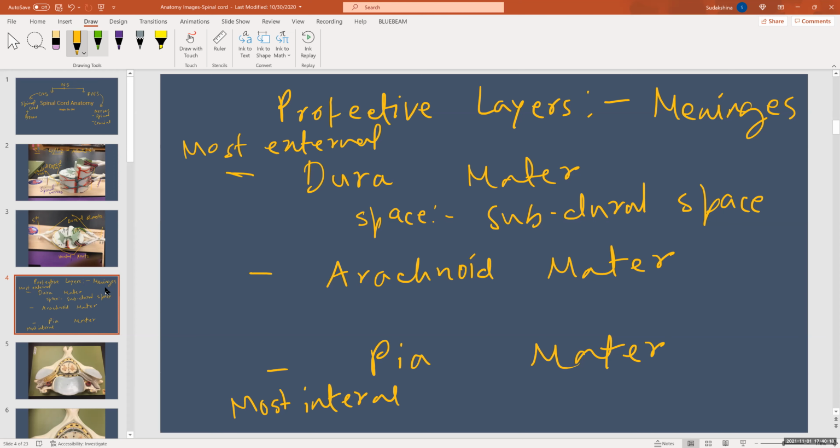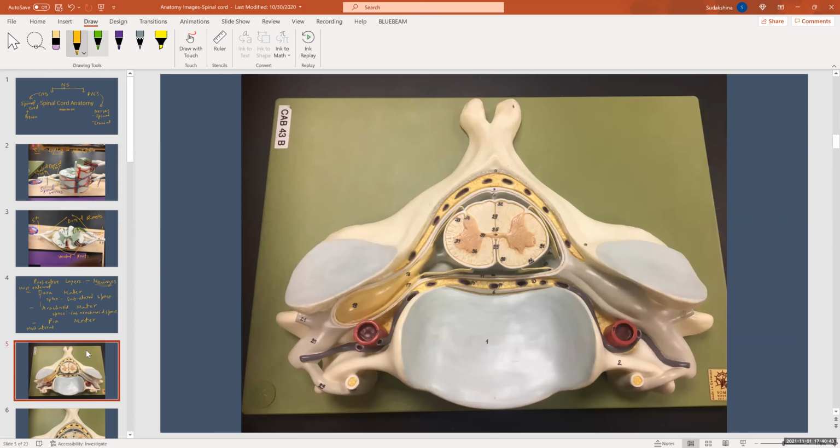So these two are actually together. Between arachnoid mater and pia mater, there is another space that we call the subarachnoid space. Okay, so these are the meninges, sometimes also called meningeal layers.